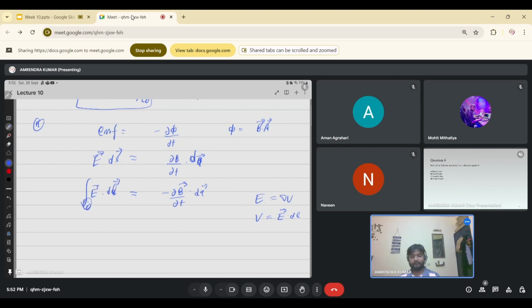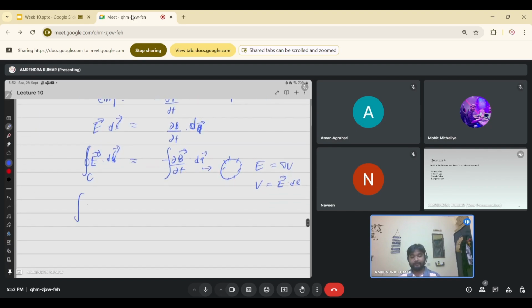Now, when we try to integrate it over a closed area, that area has some periphery, and at that periphery we are integrating it out. It can be written as del cross E dot dA, so you don't need to take care of the periphery, you just need to take care of the area element dA. This equals minus del B over del t dot dA.